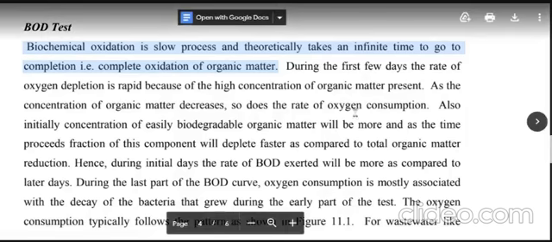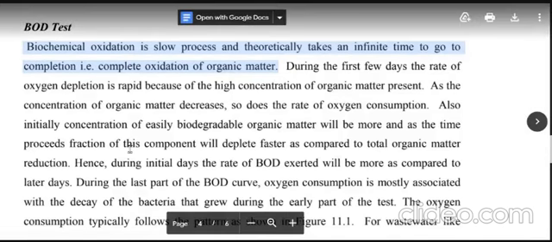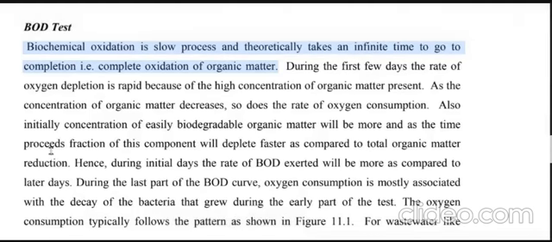So the rate of reaction depends on the initial concentration of the organic matter which is present in the water. That is one part. On that also the rate of reaction depends, and there is deoxygenation carried out. And one thing is why more degradation takes place in the initial stage.